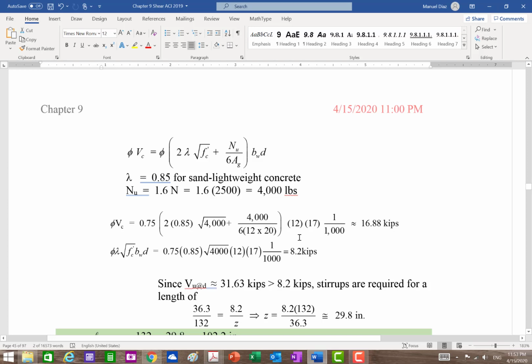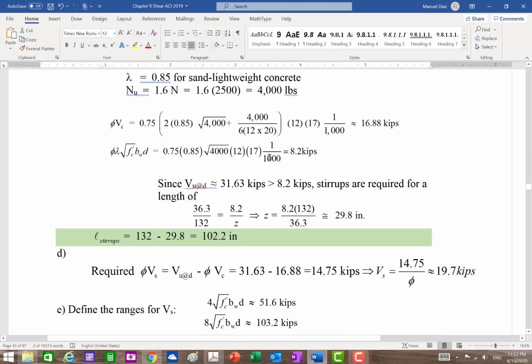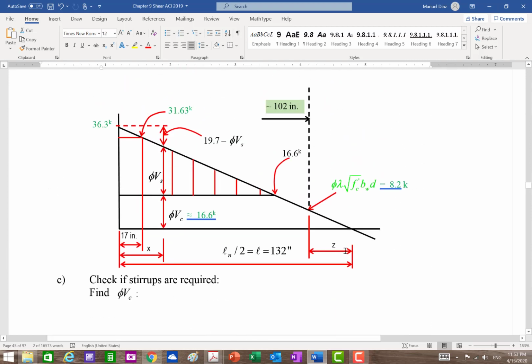So how do I find my length of stirrups? We can do it by proportions. And this is correct, because in this case the z value is the difference. The z value is measured from here, and the x is going to be measured from here.